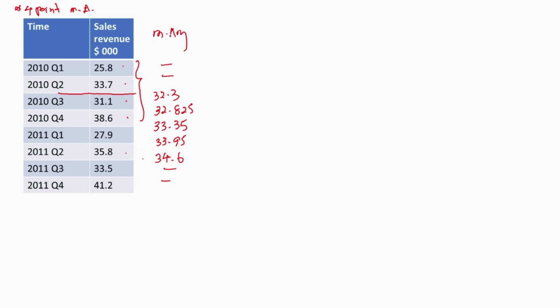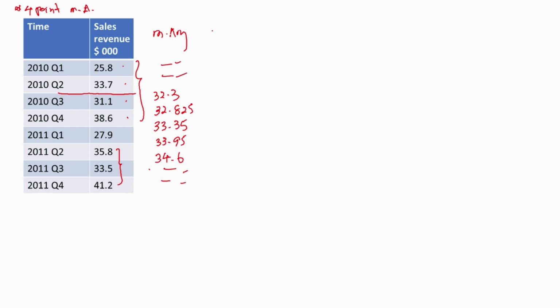For example, you may think that considering these 3 values, you can get a value for this position. But that will be incorrect because we have to have 4 points in order to take the average. This is a characteristic of this technique. So don't worry about having no values for these spaces.